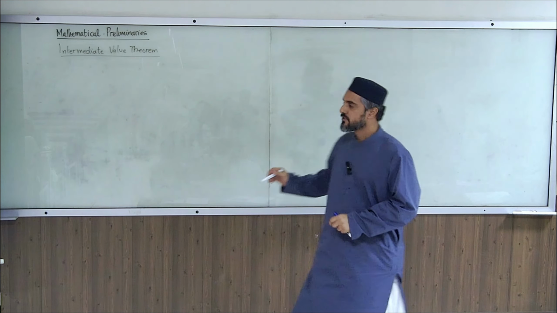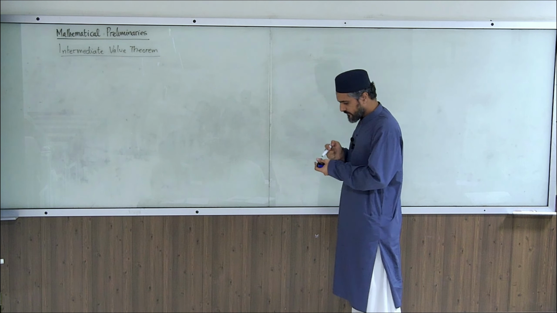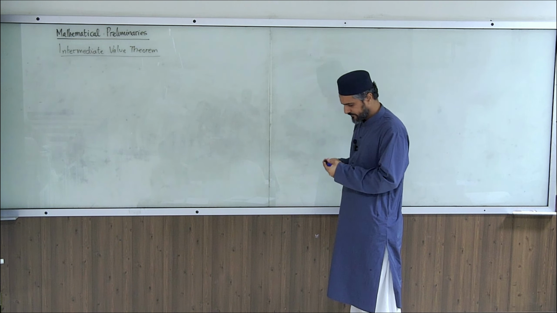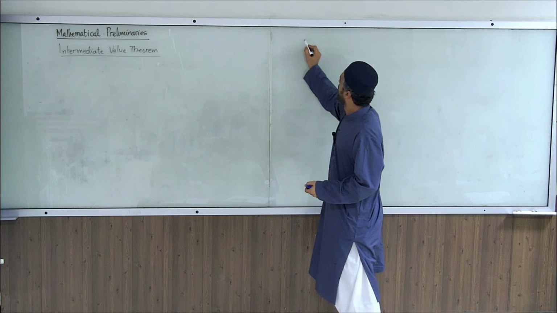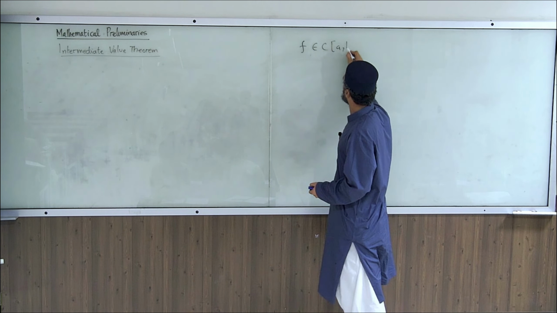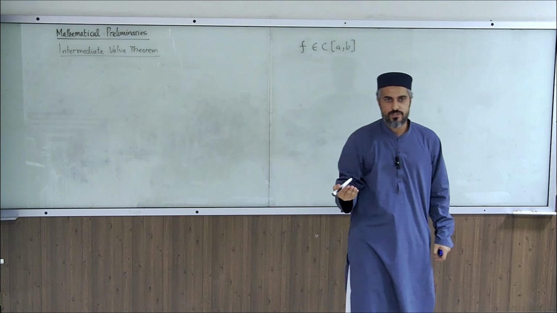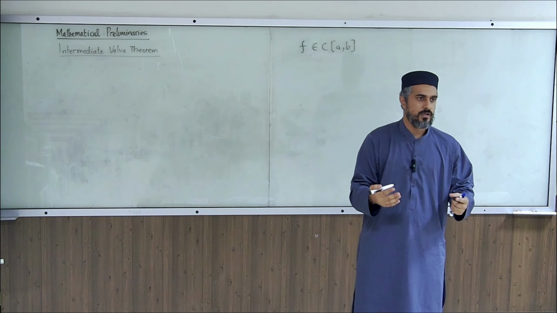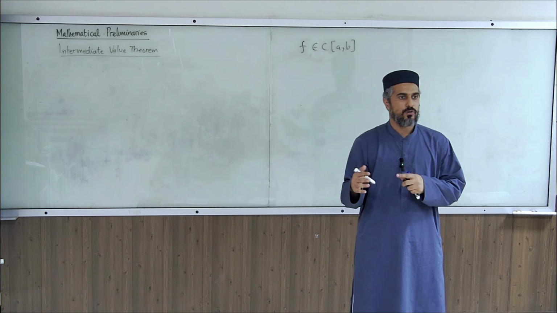So consider a continuous function on an interval. This is the notation that we can use to represent a continuous function on some interval. For example, log x is continuous on 2 to 5.